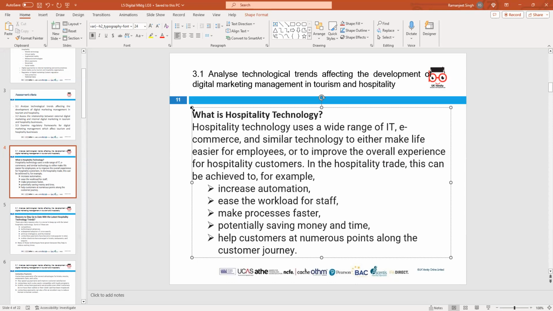And the hospitality trade is not an exception. What trends has the hospitality trade experienced over the years? Are you aware of any trends? Like what?